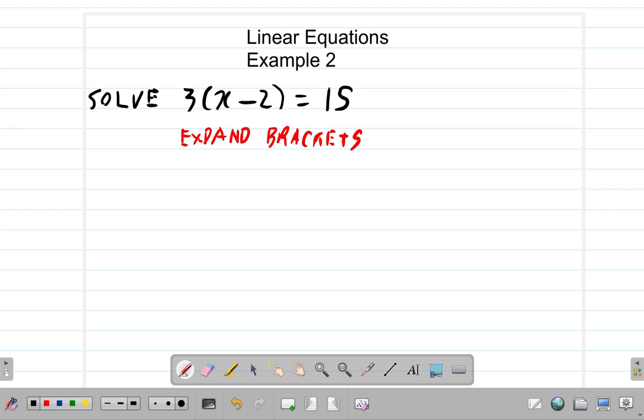So here now, you have 3 multiplied by x and 3 multiplied by negative 2. That's what's going to happen.